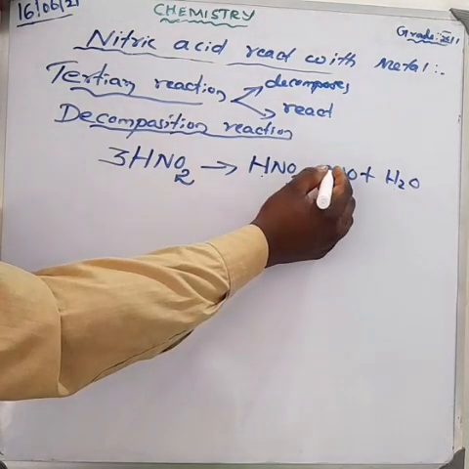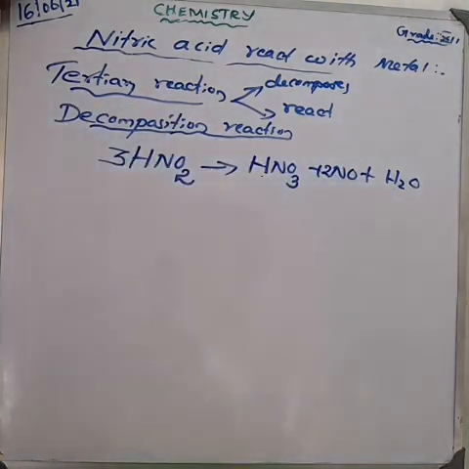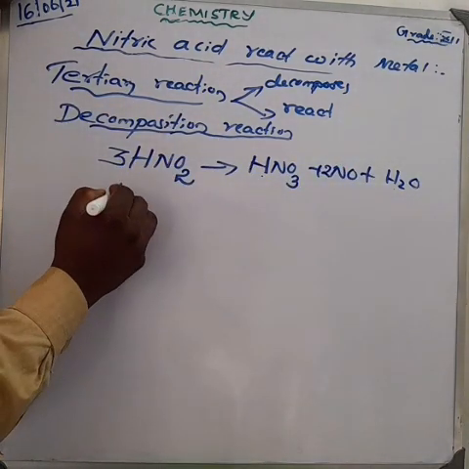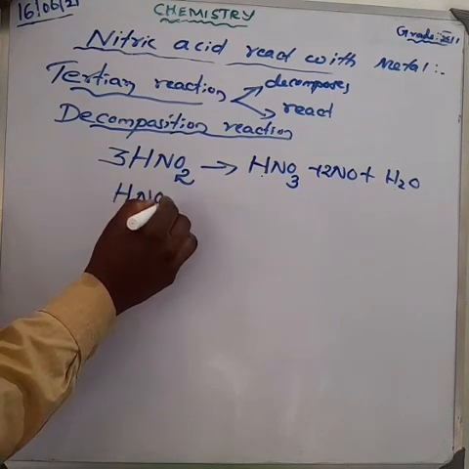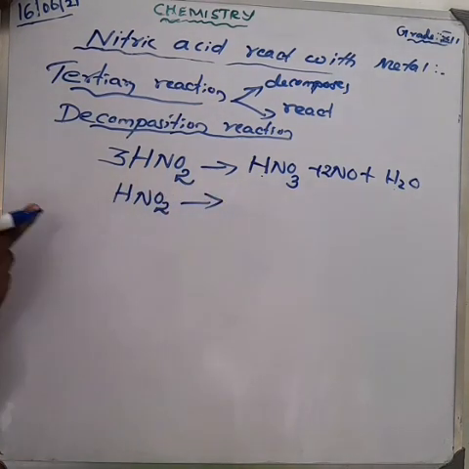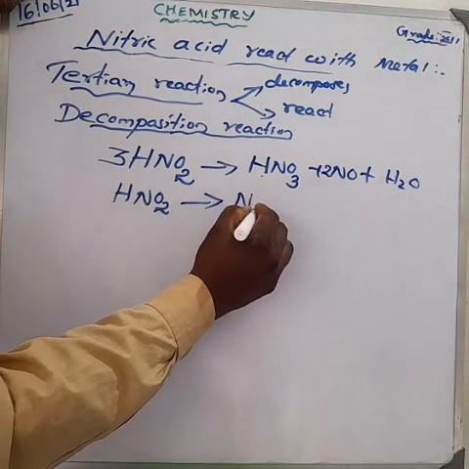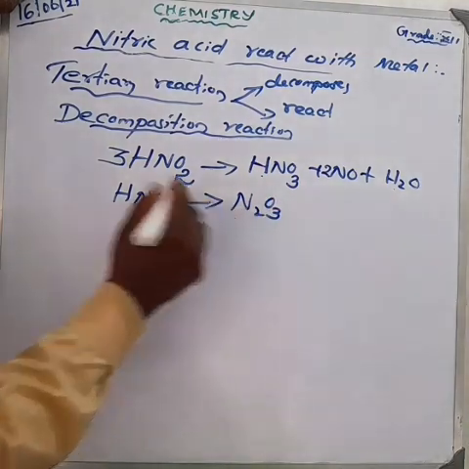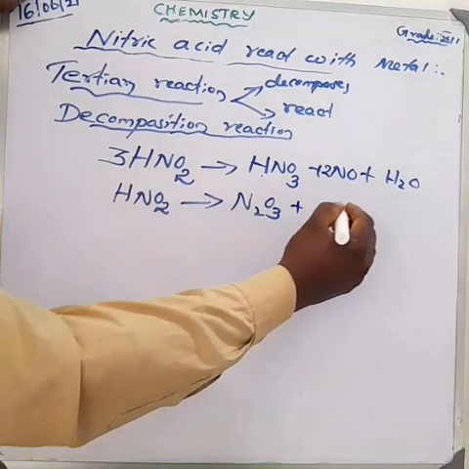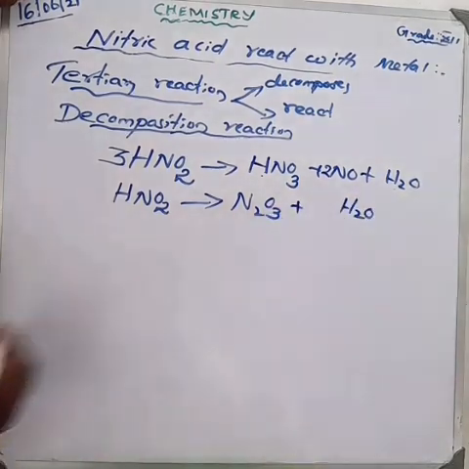Second reaction, I am taking this nitrous acid. This nitrous acid undergoes decomposition. What is the formula here? HNO2 undergoes decomposition. We get N2O3 plus H2O. Am I right? What is N2O3?